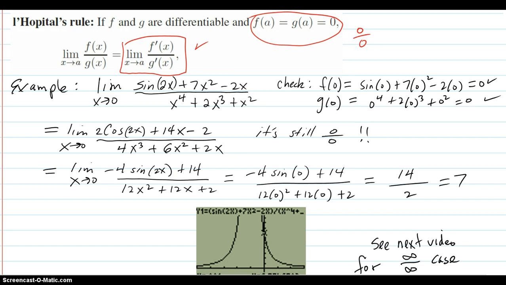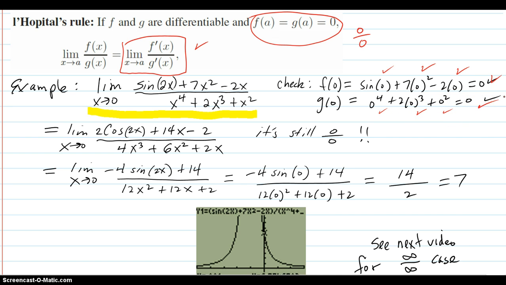When you try to do this limit, let's see if it's a 0 over 0 case first. So f of 0 is sine of 0 plus 7 times 0 squared minus 2 times 0. Yeah, that's 0. And g of 0 is 0 to the 4th plus 2 times 0 cubed plus 0 squared.